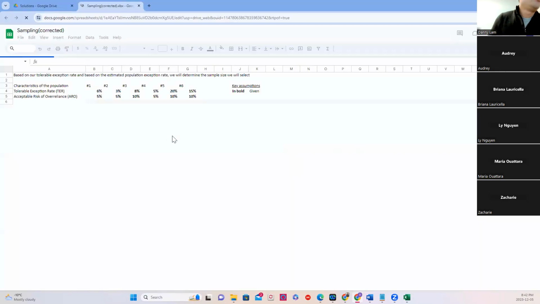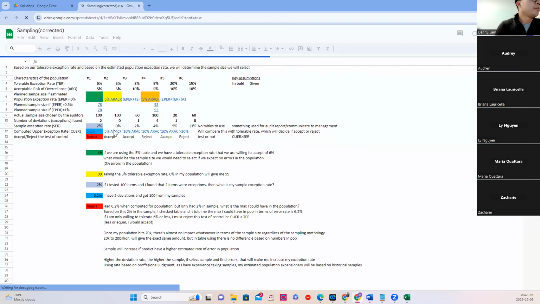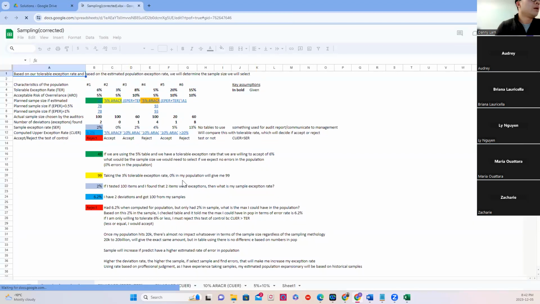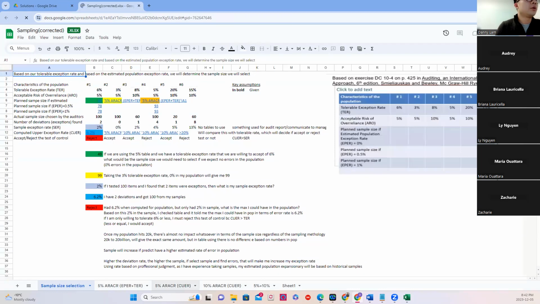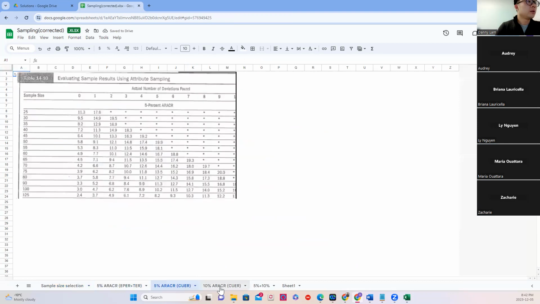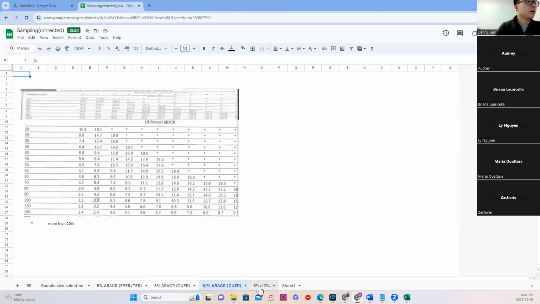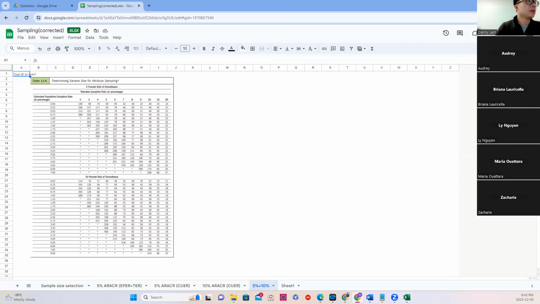If you want to practice how to use this table, you could click on it. I did this just for you guys. There's a blank version with no answers, so you could practice that if you're not too sure. And in the exam, they'll give you the table. Okay, so we'll do this together, guys.